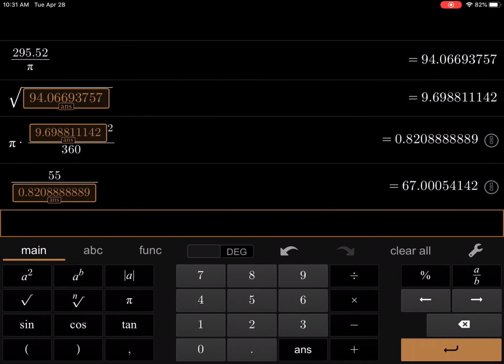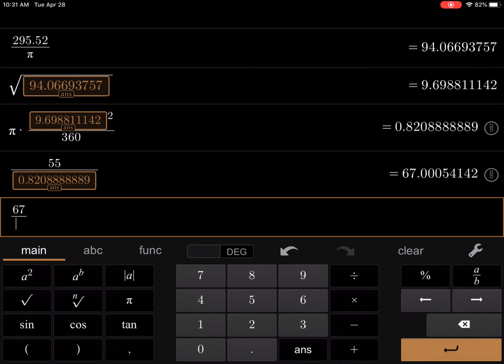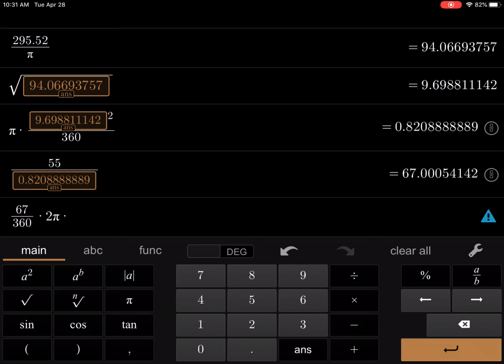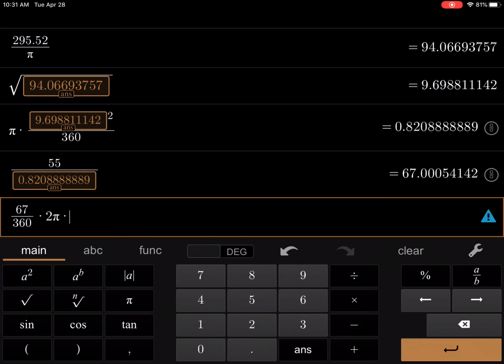All right, so our formula here is 67 divided by 360. Let me hit the right arrow to get out of that, and then we're going to multiply by 2 times pi, and then multiply that by our radius. I can't go back and get it, so I do have to type this in manually, guys. We said 9.70, we'll go with that.